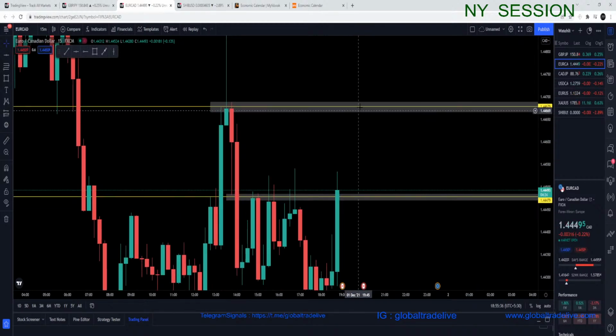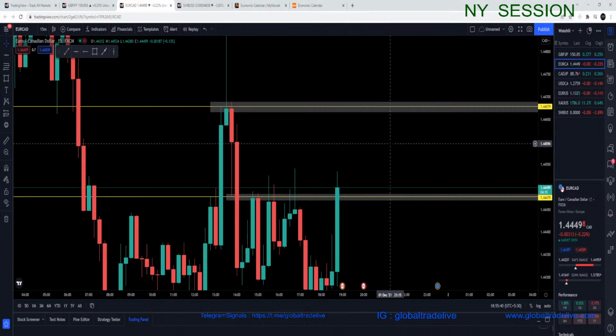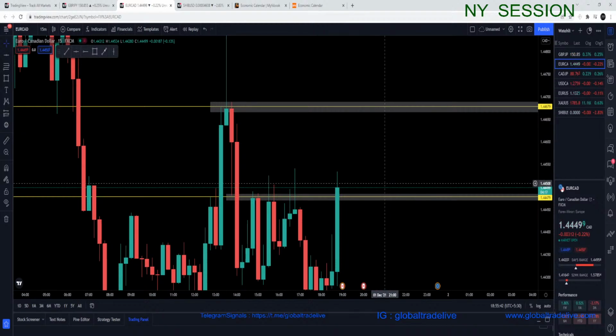So I'm gonna close everything at this point once the market reaches this level, because multiple rejections have been seen at this level. Let's have a look at the 4 hour.